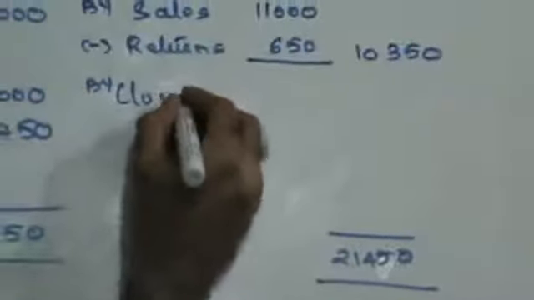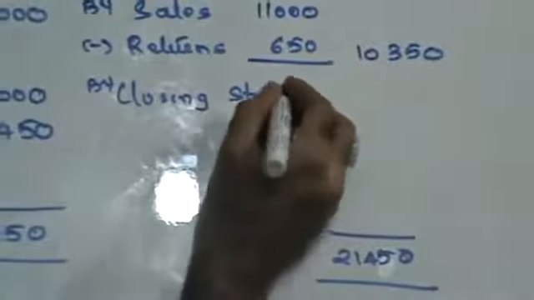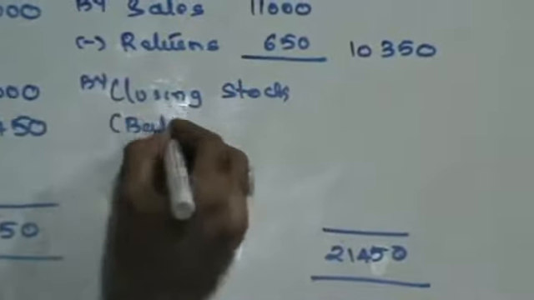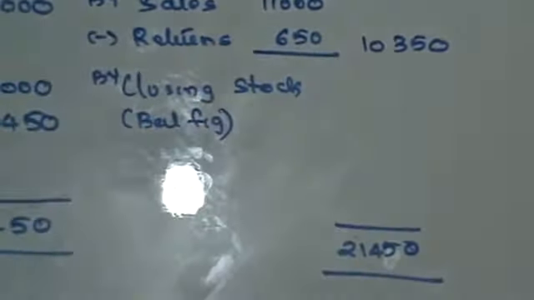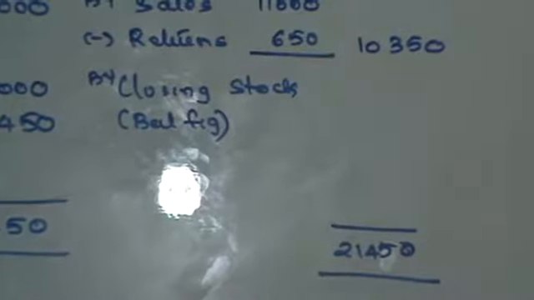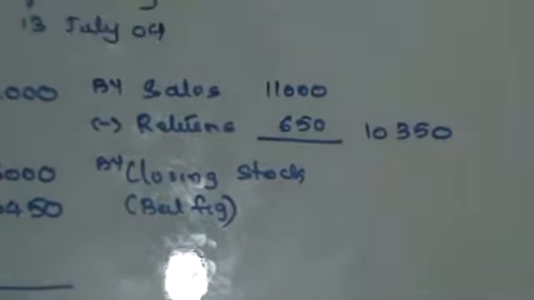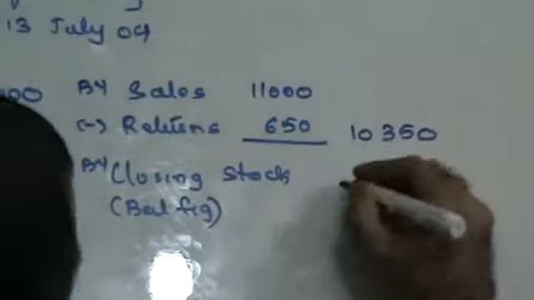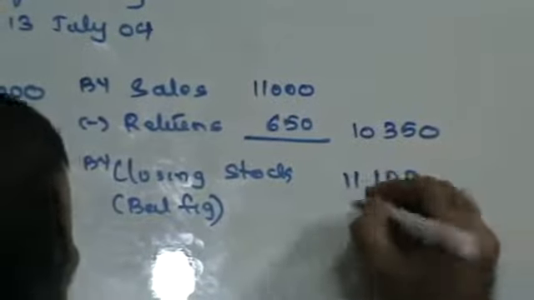Right? 21,450. The difference is going to be written as by closing stock. This is going to be my balancing figure. Right? 21,450 minus 10,350 is 11,100 is my difference.